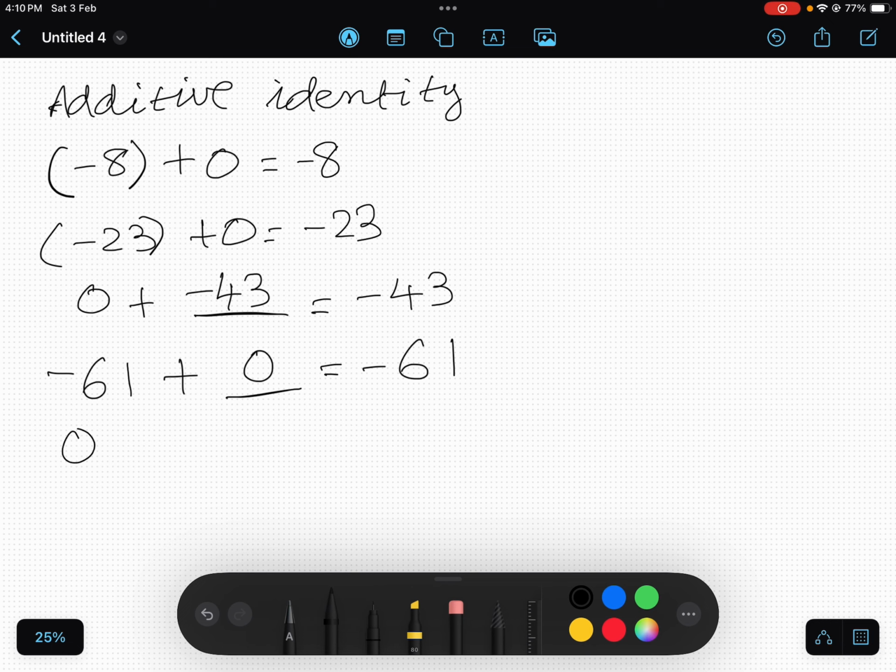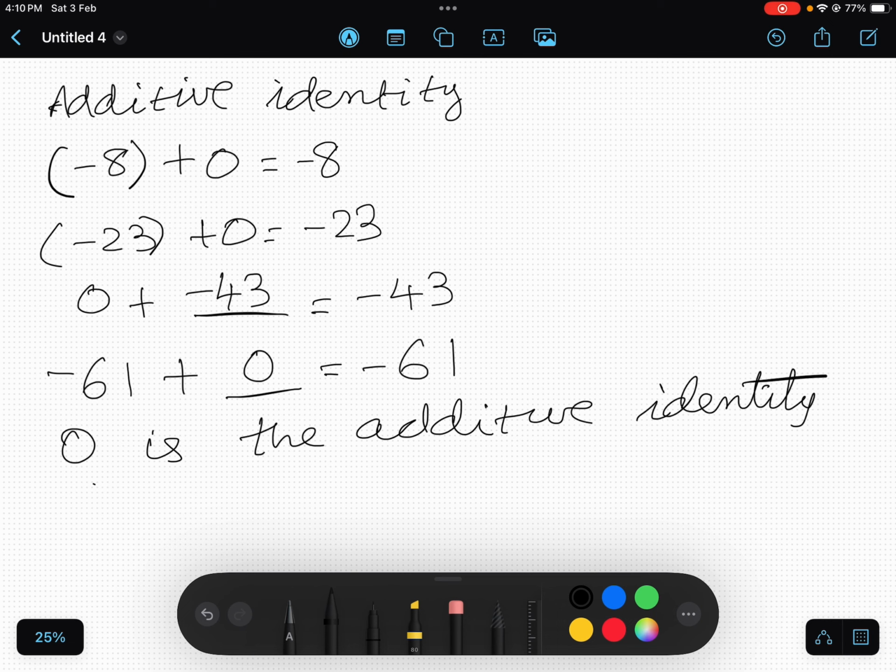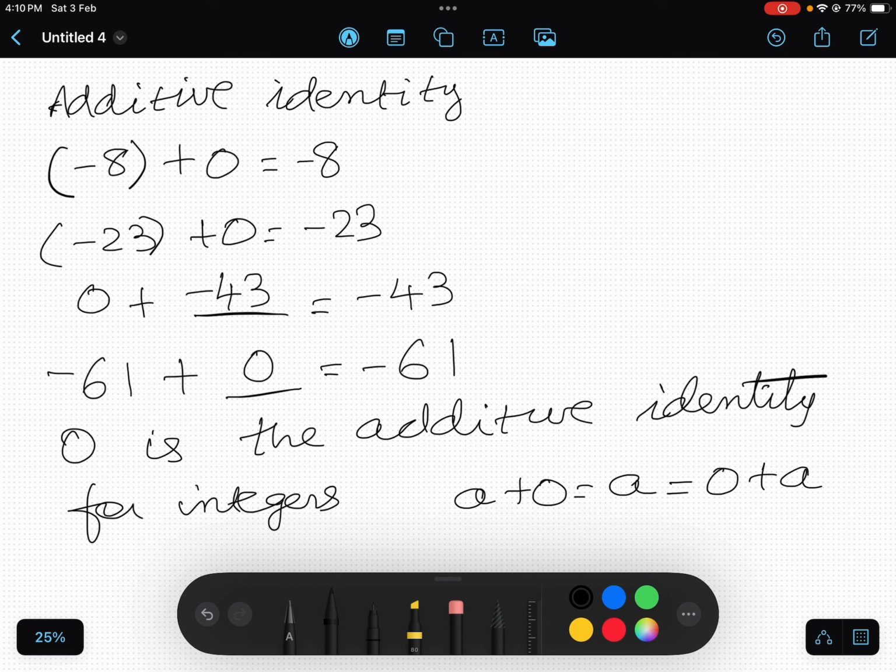And 0 is called the additive identity for integers. In general, we can tell that a plus 0 will be equal to a. Similarly, 0 plus a will be equal to a.